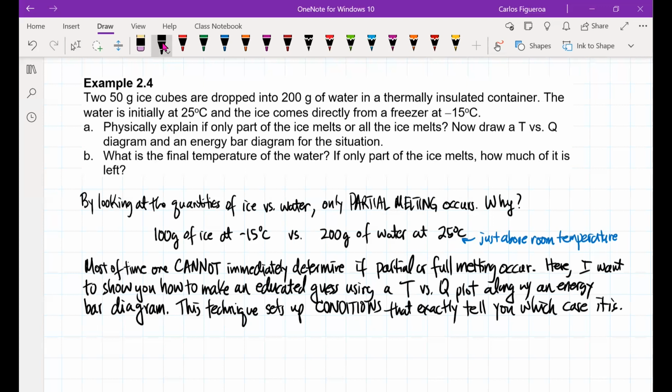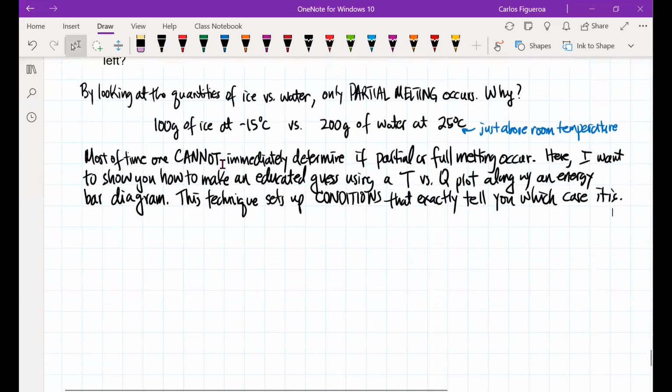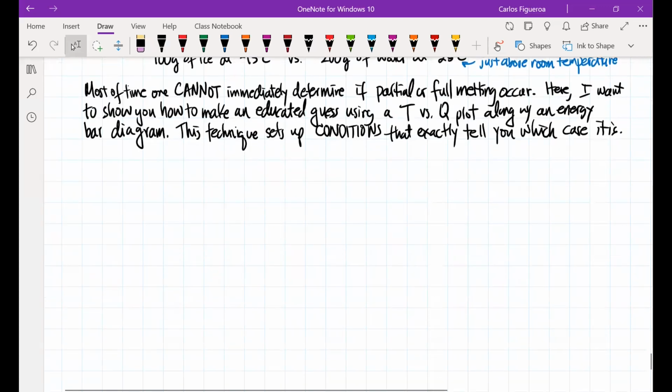Exactly. And so even though we know that this is going to be partial melting, I'm going to do both cases so you could see.